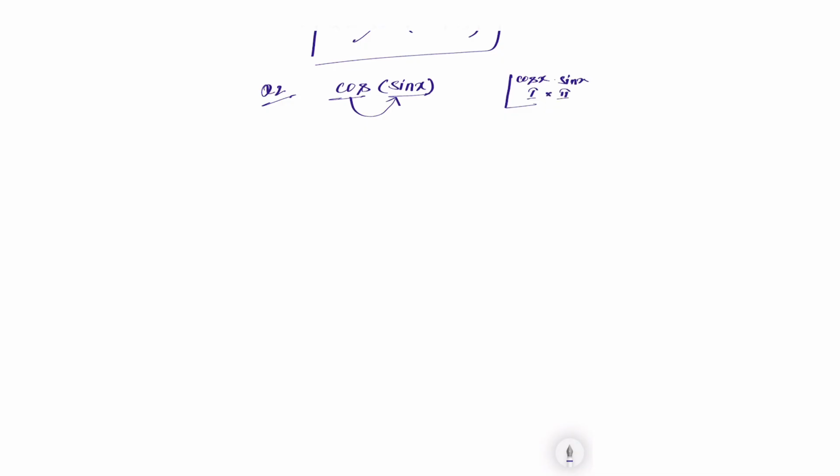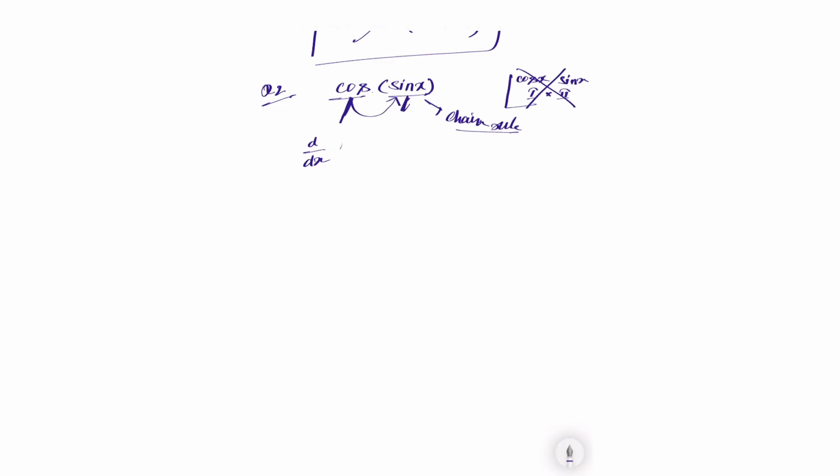But here there is no cos x. It is cos of sin x. Means cos is the first gate. Sin x is the second gate. Now we will apply differentiation. If a gate is there, yes, use the chain rule. Gate means use the chain rule. Multiplication rule will not be used.